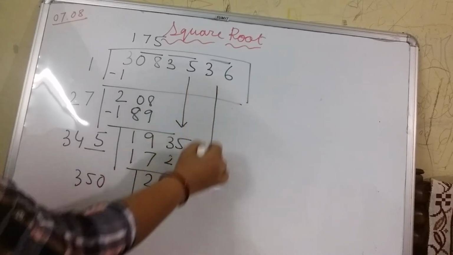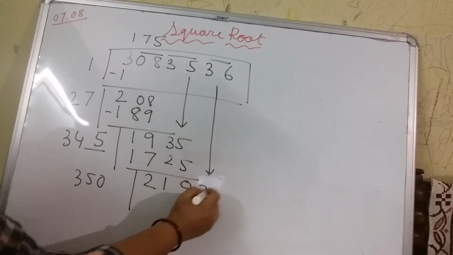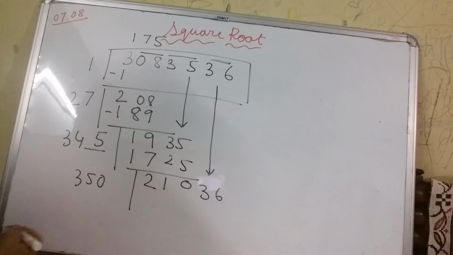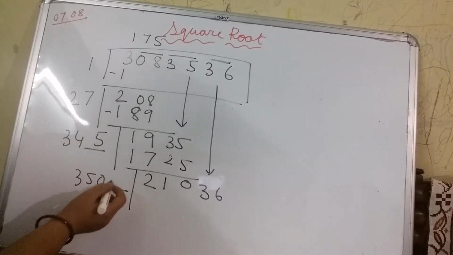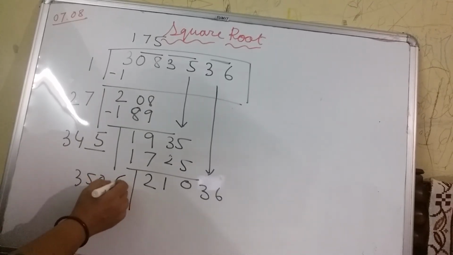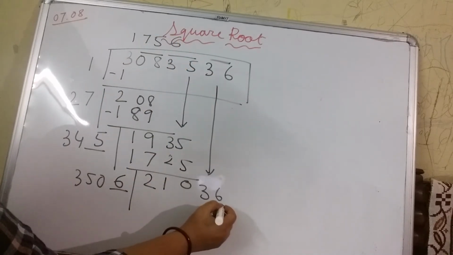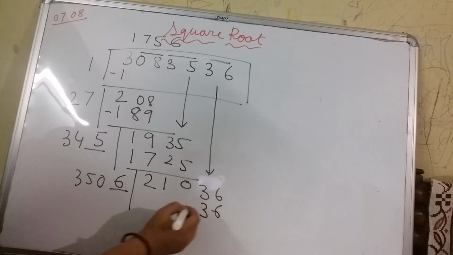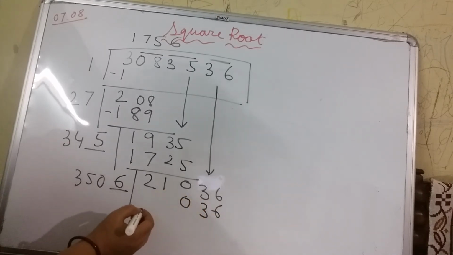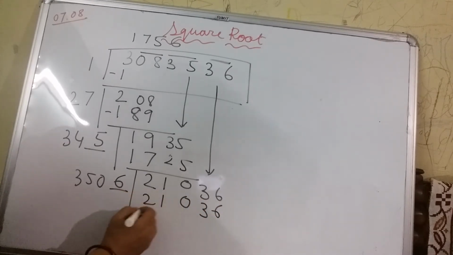and this 36 will come down. Now you can write 6 here, so it will be 6 sixes 36, 30, 21.